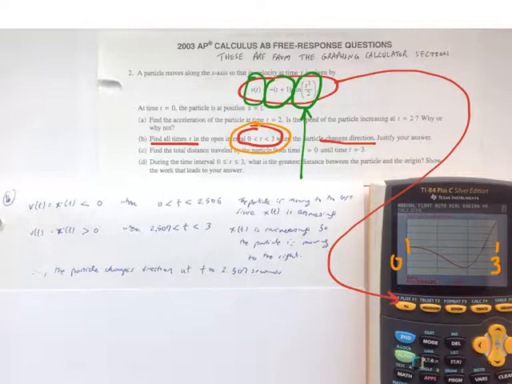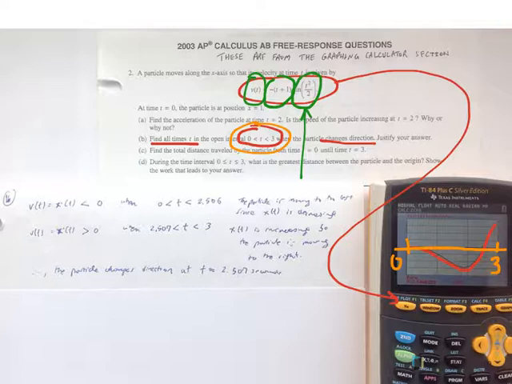I'm looking at the graph of the velocity function. Here's the graph of the velocity function. And you can see that we have the x-axis here, and a portion of the graph is below the x-axis. If a portion of your graph is below the x-axis, that means the y values, which in this case represent velocity, are negative.